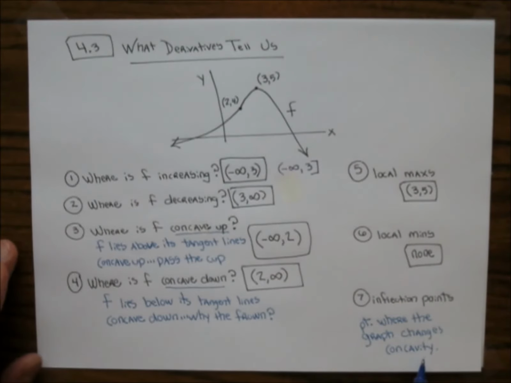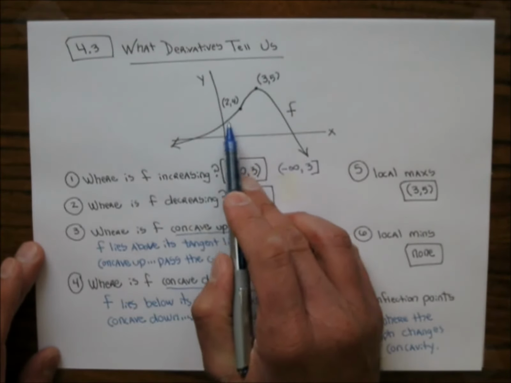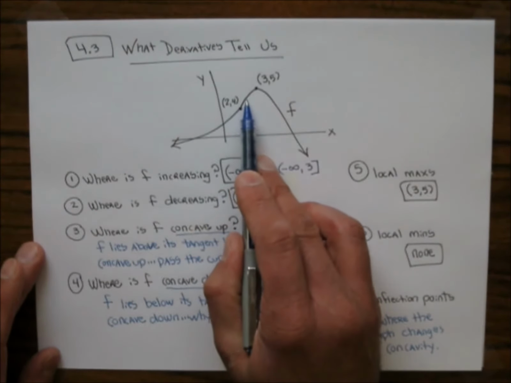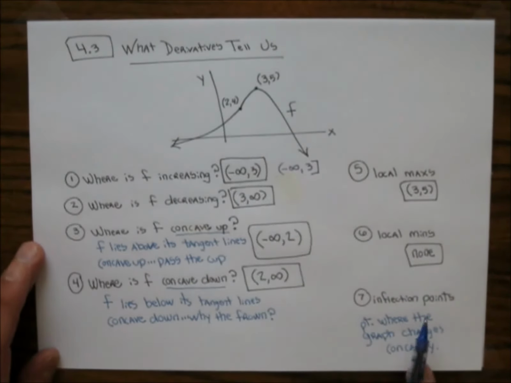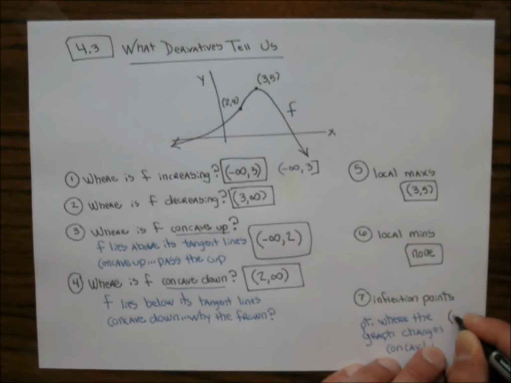We mean that it goes from concave up to concave down, or vice versa, from concave down to concave up. Well, this point right here was the point where it went from the curvature facing up, concave up, to the curvature facing down, concave down. So the inflection point happens to be (2, 4).